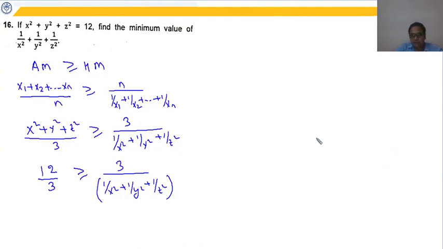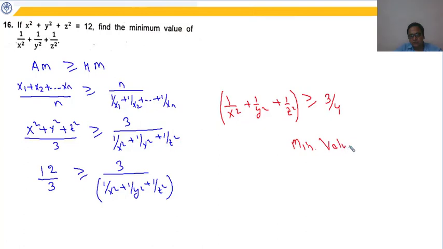So we got a simplified expression: 1 upon x square plus 1 upon y square plus 1 upon z square is greater than or equal to 3 by 4. So the value of this expression is 3 by 4 or more than 3 by 4. We can say the minimum value is 3 by 4.